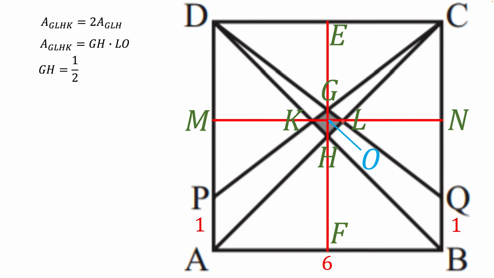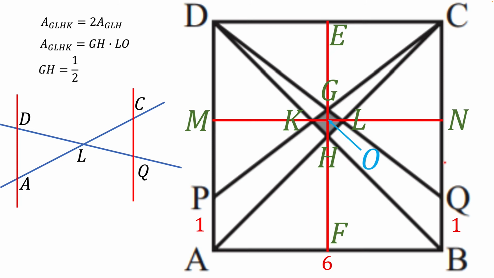And those two lines are crossed by two parallel lines, line AD and line BC, sides of the square. This is our arrangement, and it makes the triangle on the left and the triangle on the right similar. Okay, DLA and QLC are similar by two angles.